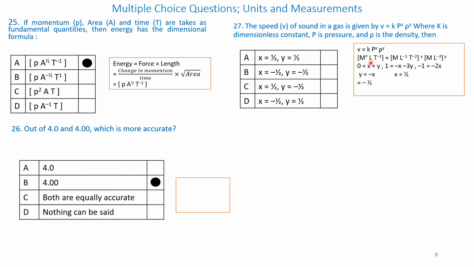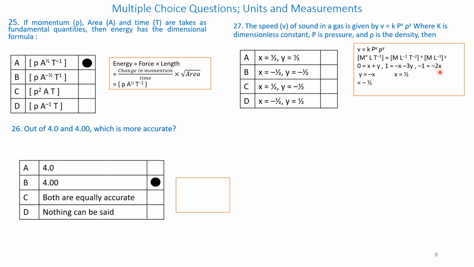Equating the powers of length, the power of L on the left hand side is 1. On the right hand side, it is minus x minus 3y. And equating the powers of t, that is time, minus 1 is equal to, on the right hand side, minus 2x. So minus 1 is equal to minus 2x. That is equating the powers on left hand side and right hand side.